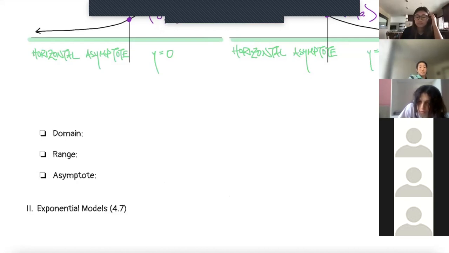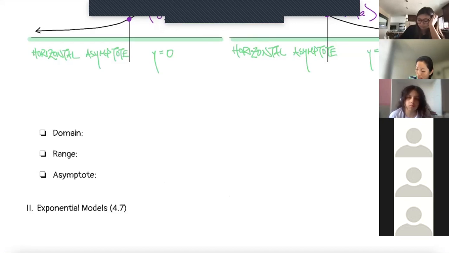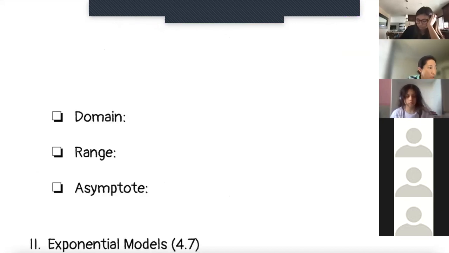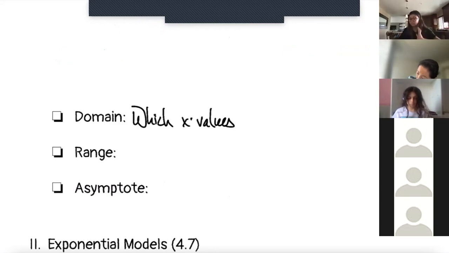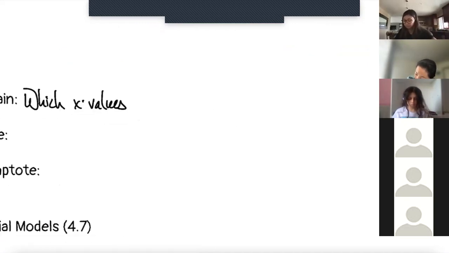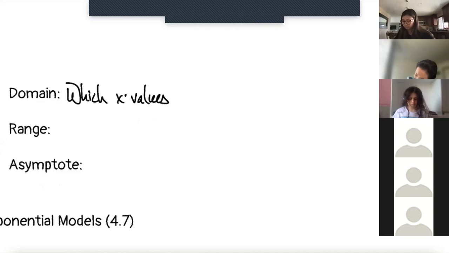The average? It is not an average. So the domain, if we look in the chat, it looks like someone has said that it's all possible x values. And so our domain, what we want to think about here is which x values can we input?